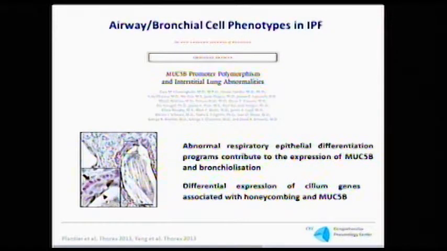This brought the attention back to the bronchial and small airways and to MUC5B expressing cells. I would also like to highlight two recent studies which show nicely that there's bronchialization and bronchial tissue remodeling going on in IPF patients.